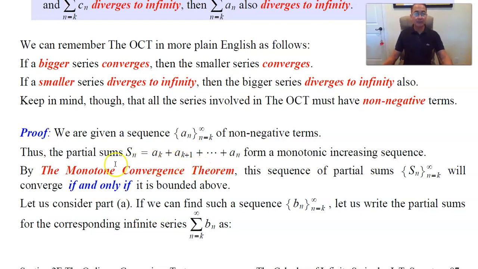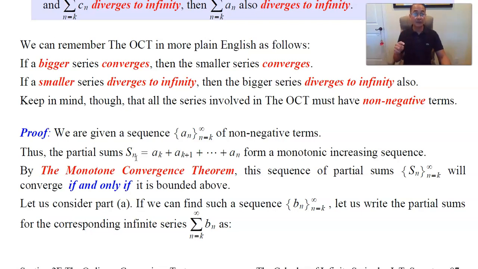We are going to take the partial sums of our sequence, and of course, since the terms are non-negative, the partial sums can only get bigger because you're either adding 0 or a positive number. All right, so the sequence of partial sums is monotonic increasing, and we know that the series converges if and only if the sequence of partial sums converge.